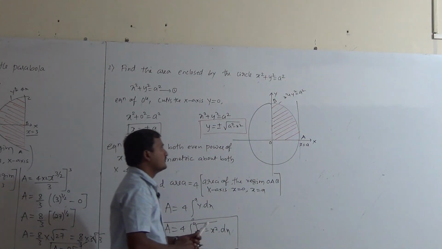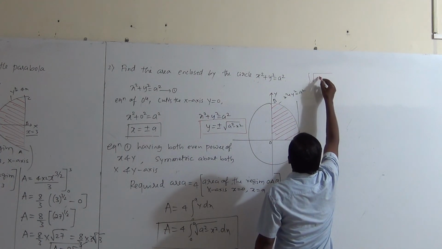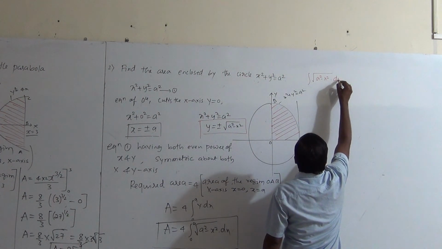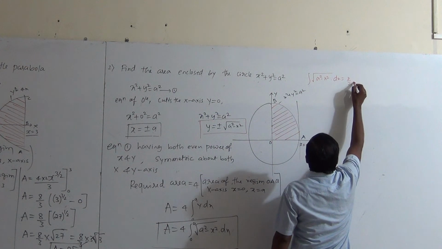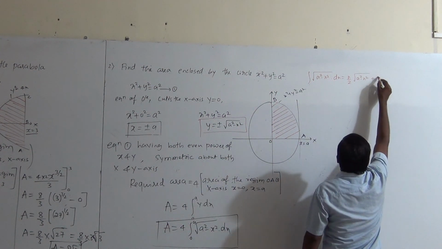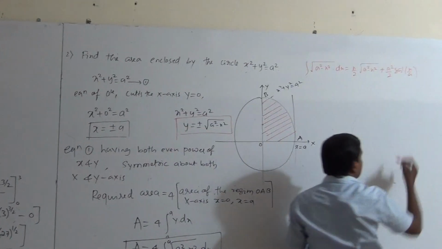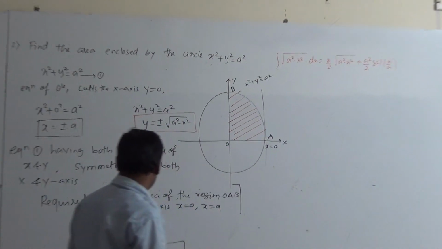Now you already know the formula for the integration of square root of a square minus x square dx: x upon 2 into square root of a square minus x square plus a square by 2 into sine inverse of x by a. Now I will use that formula.